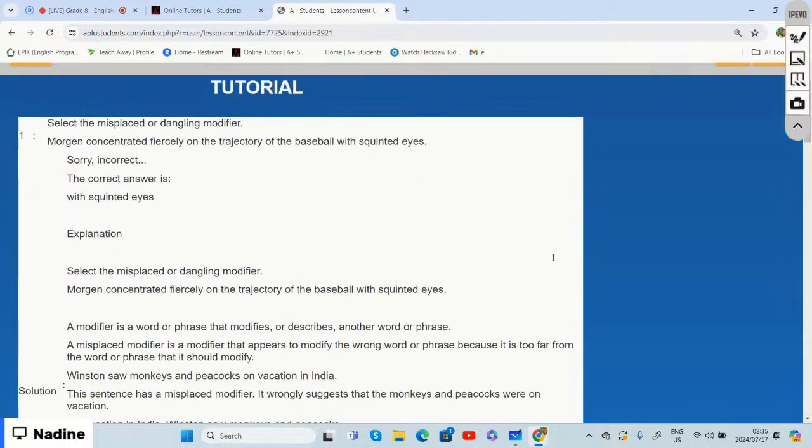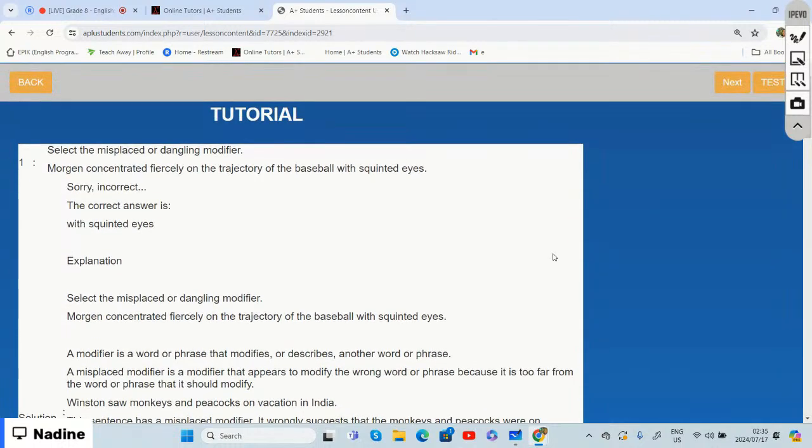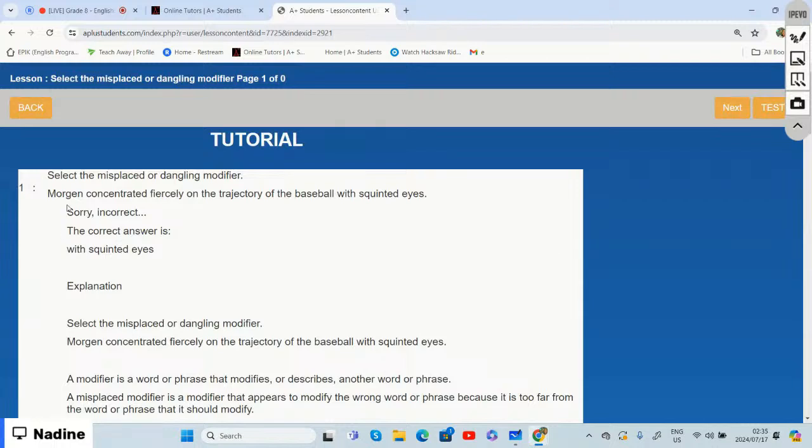All right. So now we need to select the misplaced or dangling modifier. We need to choose one of that.